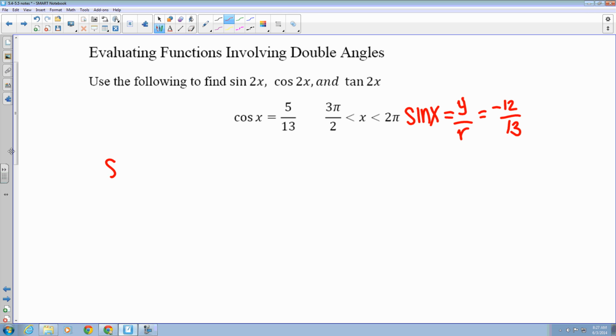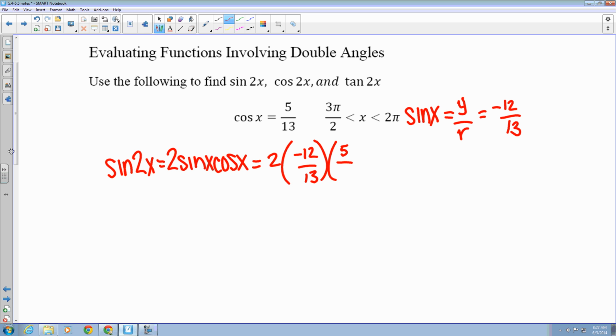So let's start with sine of 2x: 2 sine x cosine x, which is 2 times negative 12/13 times 5/13, which is negative 120 over 169.